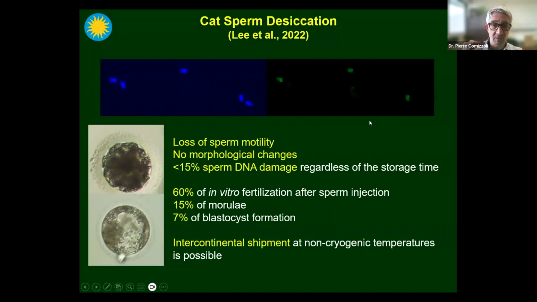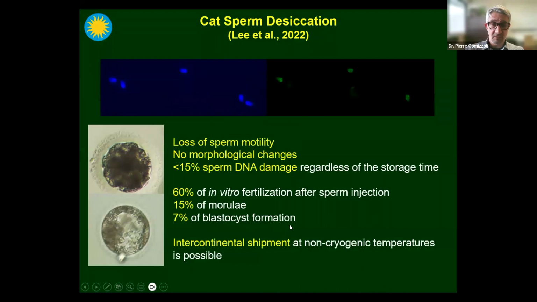We did the exposure to trehalose and dehydration with microwave pulses, and unfortunately, of course, you lose the sperm motility. That's something we will have to address later on. But in terms of the morphology, there are no changes. The DNA integrity is still pretty good. And when you inject those sperm into oocytes, the fertilization and the embryo formation is not that bad.